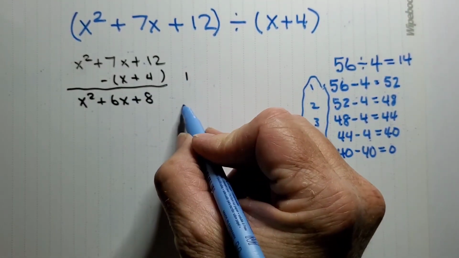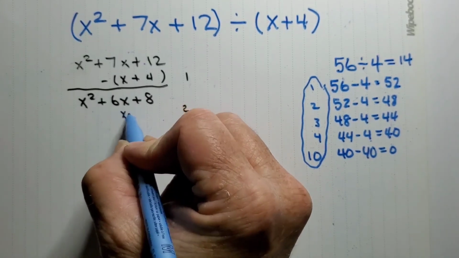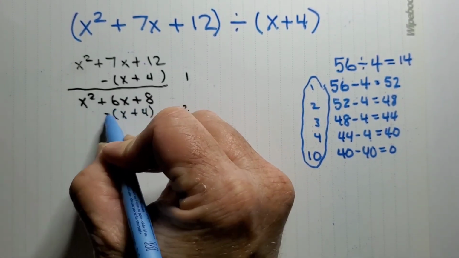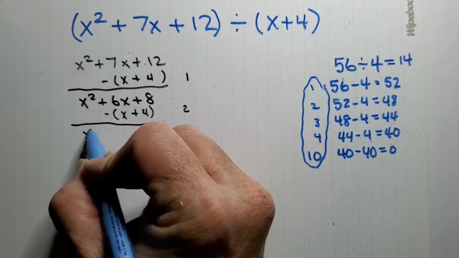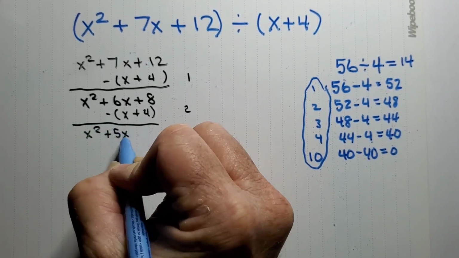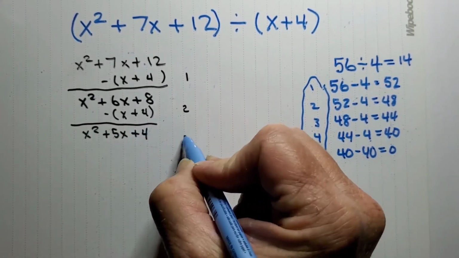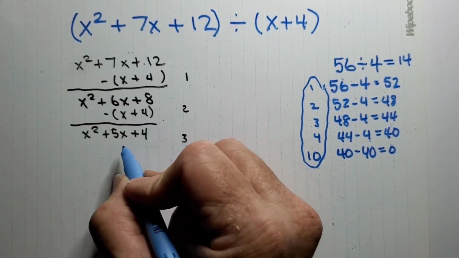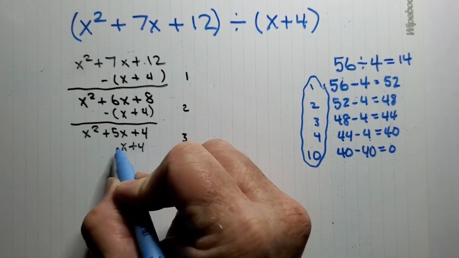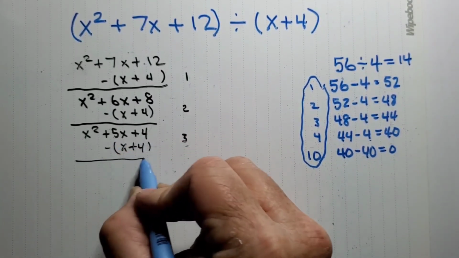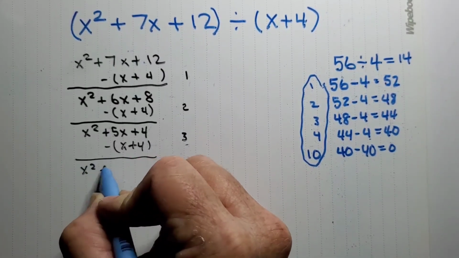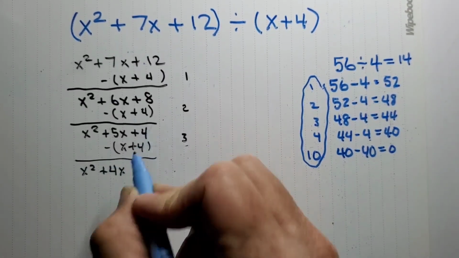Then I'm going to take out a second x plus 4, and that will leave me with x squared plus 5x plus 4. And then I'm going to take out a third x plus 4. And that leaves me with x squared plus 4x. And there isn't anything left over here.